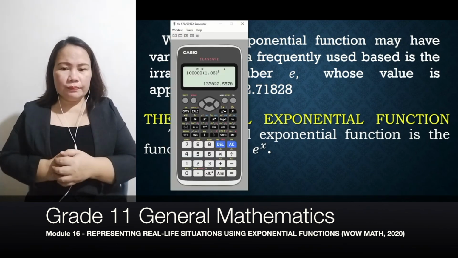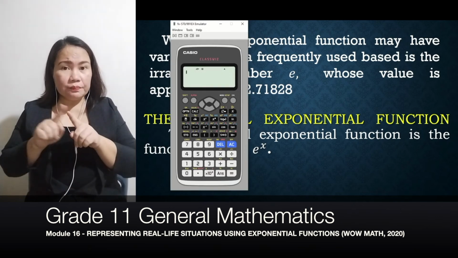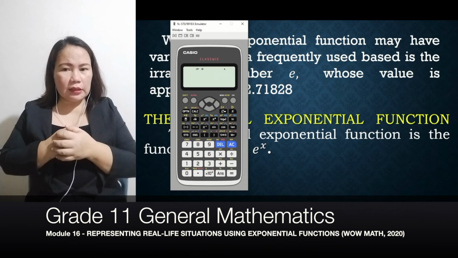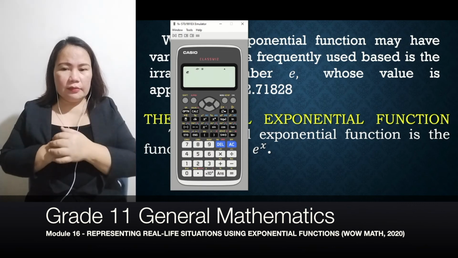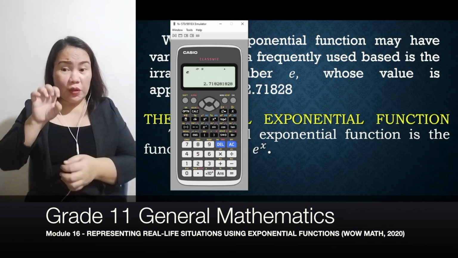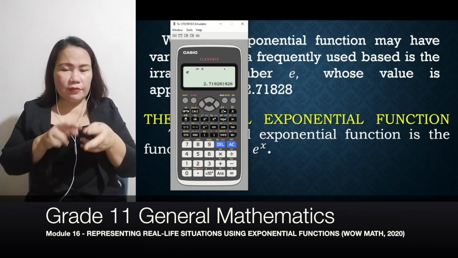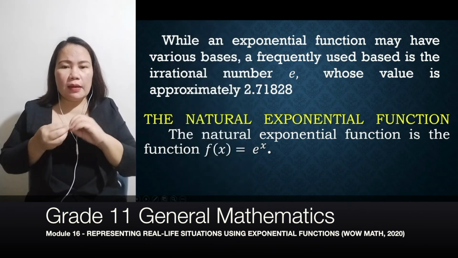Okay, so makikita natin yan. Nandito siya, iba-iba yung settings ng calculator. So, paano natin makuha? Since naka-red siya, i-click ko yung alpha, and then ito, and then equals. So, that is 2.71828. Okay. So, that's the value of the natural number, or yung letter e natin.